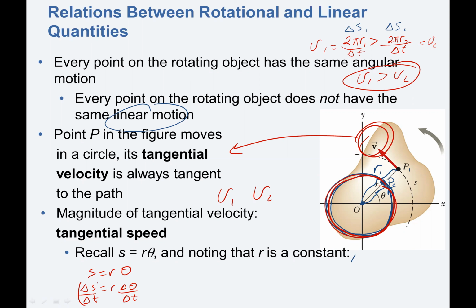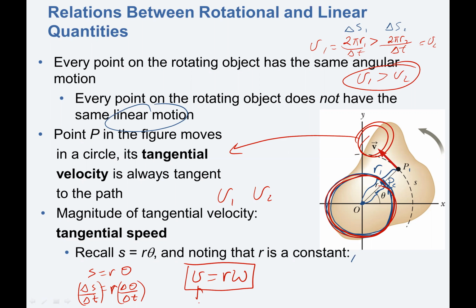So the left side is delta S over delta T. That quantity gives me linear speed, or linear velocity if you want. On the right side, I have R, which is the distance of that particle relative to the axis of rotation, times delta theta over delta T. That means R times the ratio of angular displacement over time, and that's omega. That means this is my equation.